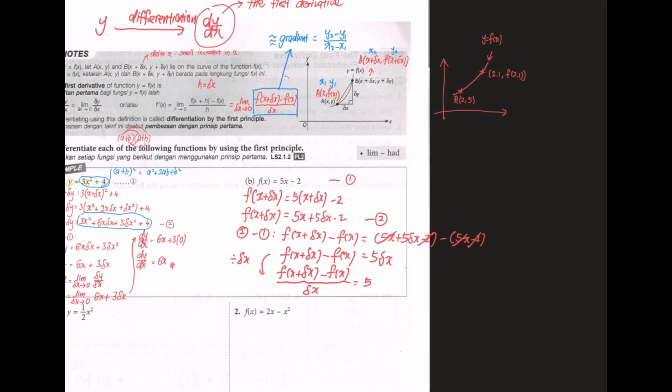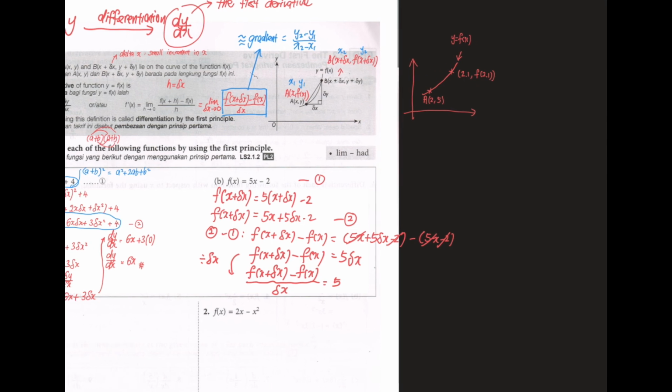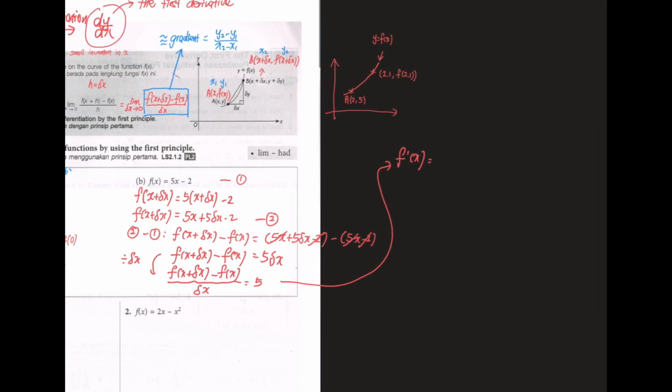Okay, so that means I'm using this formula now. F prime of x equal to limit delta x approaches 0 and this one. I continue everything over here. Limit delta x approaches 0. I write down the formula: fx plus delta x minus fx over delta x.